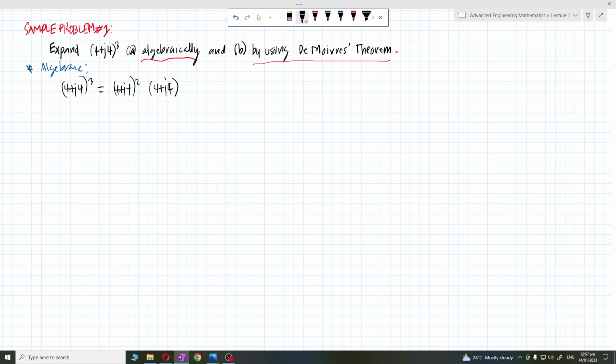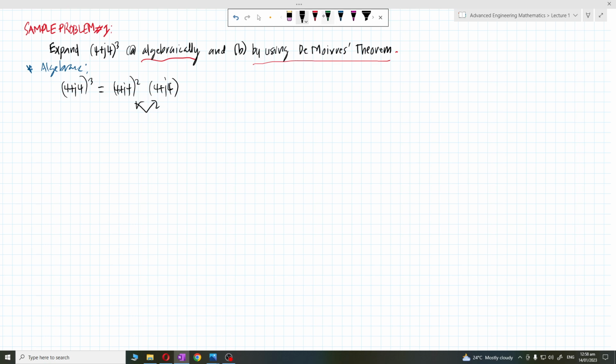You can do this. The other method is the advantage of knowing the expansion of a binomial with the exponent of 3.